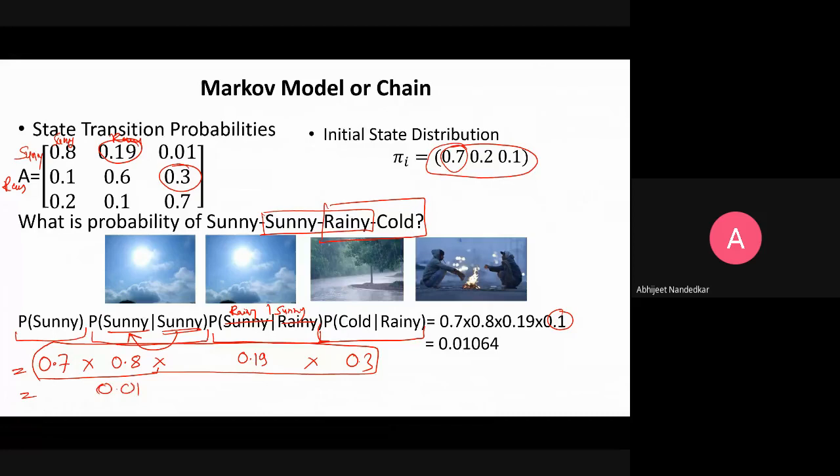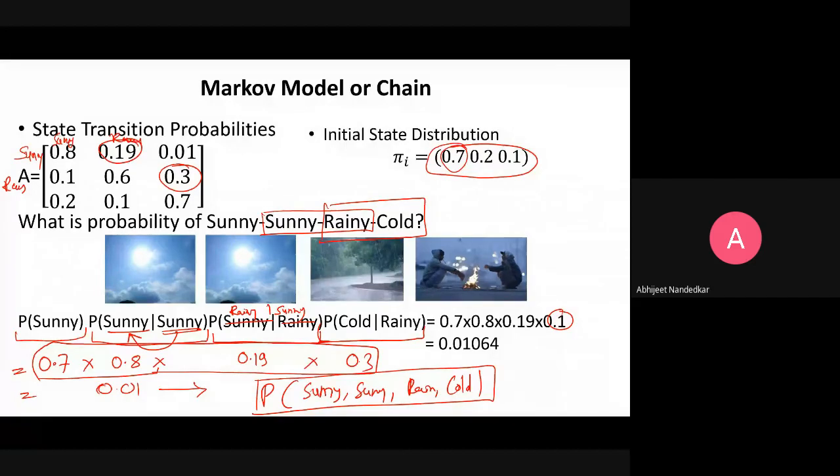And this will be the probability that you will face the sunny, then rainy and cold sequence. So the probability that you will observe such a sequence is given by this product.